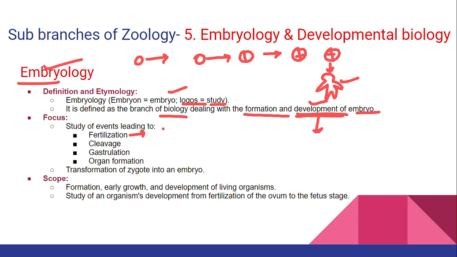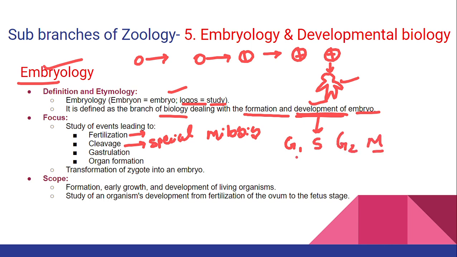First is fertilization. What is fertilization? It is nothing but the fusion of gametes, that means the fusion of sperm and ovum. What is cleavage? Cleavage is a special type of mitosis. Why am I saying special type of mitosis? Because in the cell cycle we have the stages G1, S, G2 and M phase, that is mitosis.